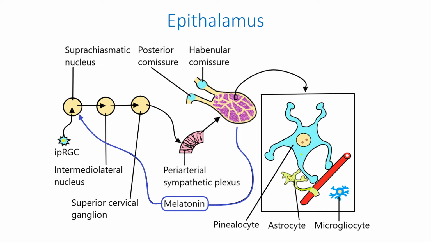Indirect photic stimulation of pinealocytes occurs in the following way. Intrinsically photosensitive retinal ganglion cells project to the suprachiasmatic nucleus of the hypothalamus.